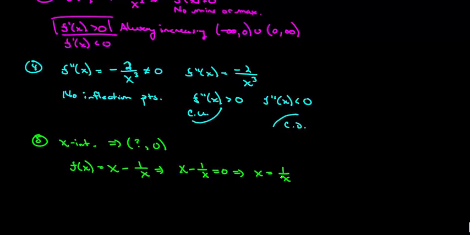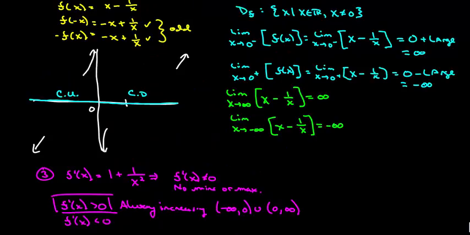And these are only equal to one another when x equals 1 or negative 1. So when x is 1 or negative 1, we have an x-intercept. So here at positive 1, and then here at negative 1, we've got x-intercepts.